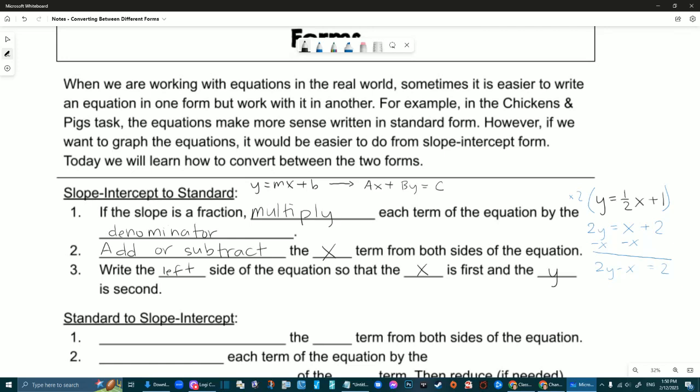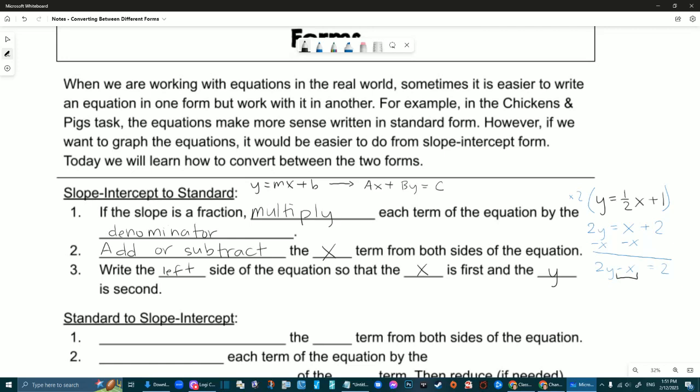When we do that, it is important to remember that the signs go with the numbers. So this x, that negative sign, that subtraction, goes with the x. If I move the x to the front, I have to take the negative sign with it.